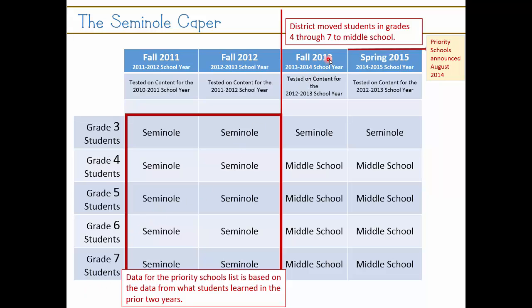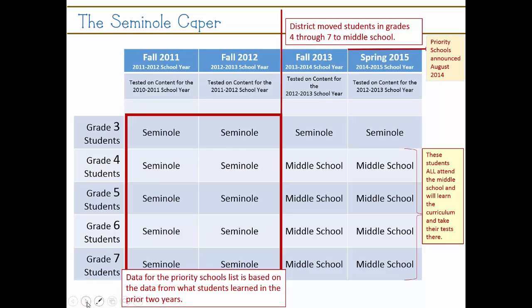The MEAP test was given in the fall of 2013, and it measures curriculum from the prior school year. The MDE uses 2 years of data. And again, the announcement of whether or not a school is on the priority list will come from these 2 years of data.